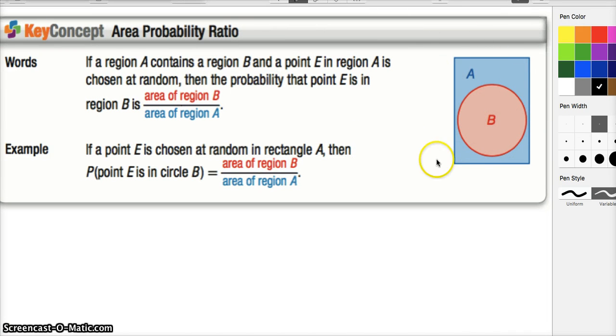If it's equally probable that you can hit any place in this rectangle, it would be the area of the entire thing as the denominator, and the numerator, the thing that you really want, would be the area of the smaller section. So, thinking about it in terms of probability, it's the area of the desired section at the top over the area of the total section at the bottom.